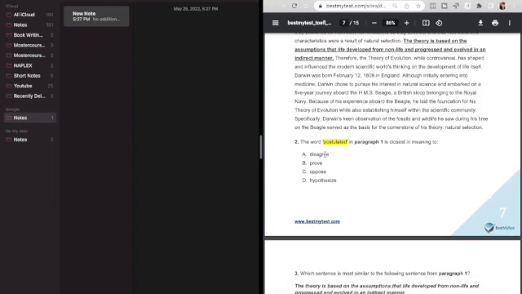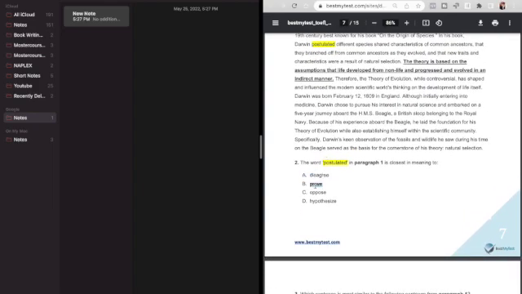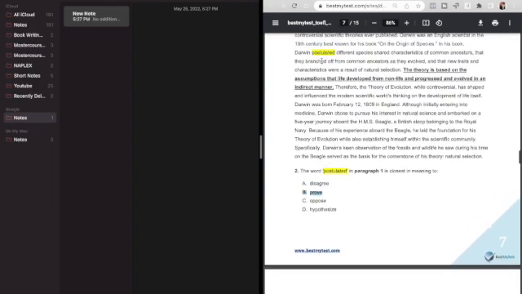Number one is disagree. This is entirely out of context. It's a no. Darwin proved. If you put proof over here in the place of postulate, it wouldn't make sense, so I don't think it's going to be proof. Oppose, there is nothing like that in this sentence.